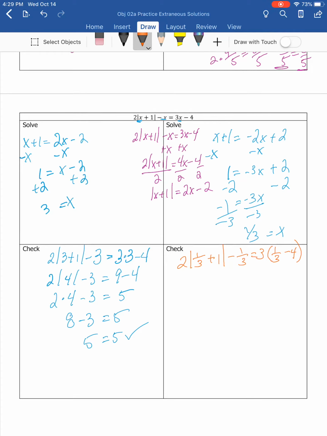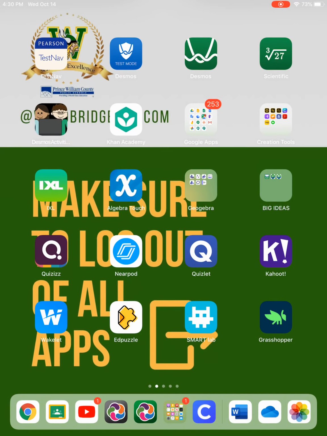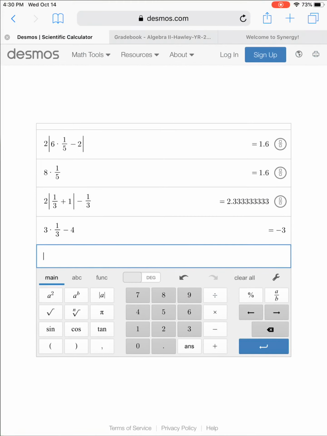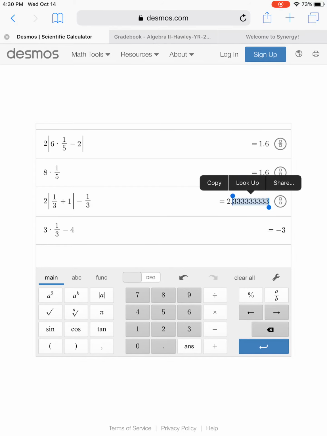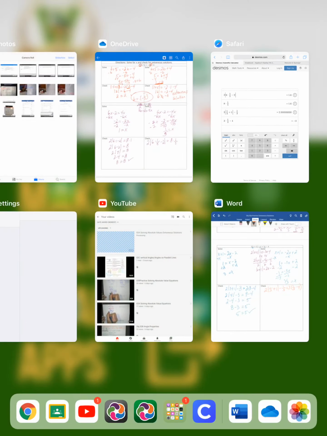It's positive 1/3. Plugged it in. 2 times 1/3 plus 1 minus 1/3 is equal to 3 times 1/3 minus 4. Nope. This one was not a solution. I just want to make sure. I'm sorry, guys. I didn't mean to throw you off. But yeah, I have 2.3 for one and negative 3 for the other.